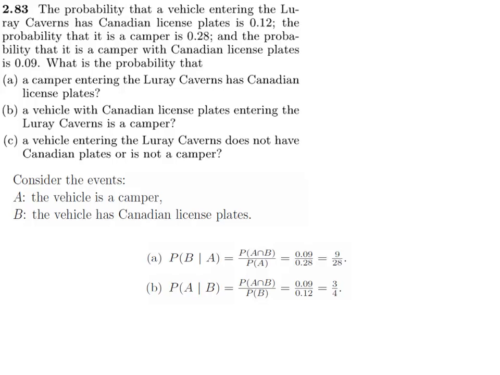So if we find that probability, do we find what we are looking for? The vehicle entering the lodge does not have Canadian plates, not a camper. Think about it. I mean, that doesn't mean that's correct. Just trying to see how you can come up with a solution for that one.